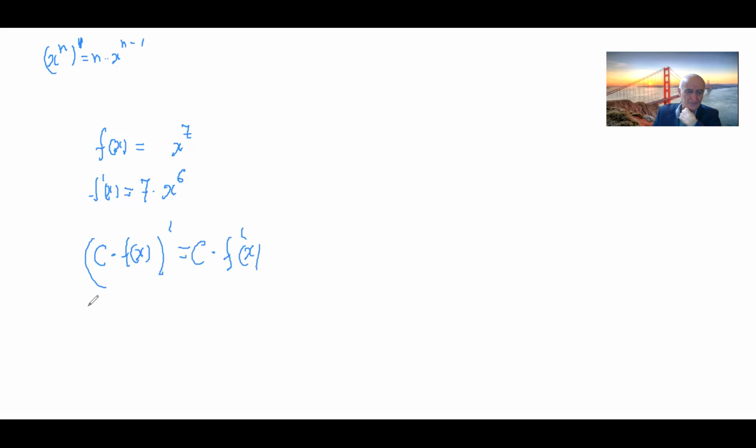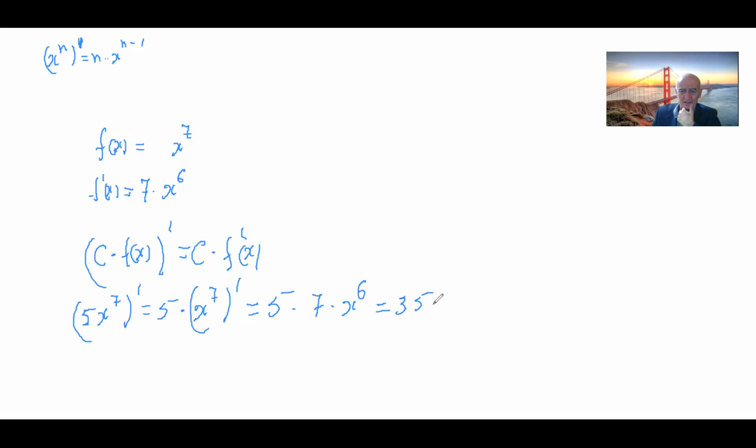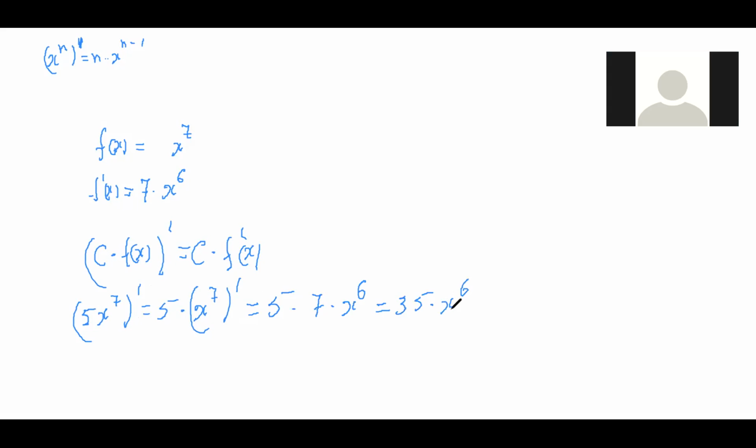For instance, if I want to find the derivative of 5 times x to the power 7, I can move 5 out of the derivative, and it's going to be 5 times 7 times x to the power 6, which is 35 times x to the power 6.